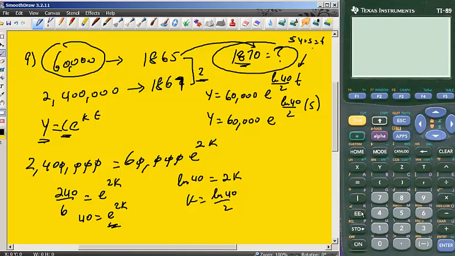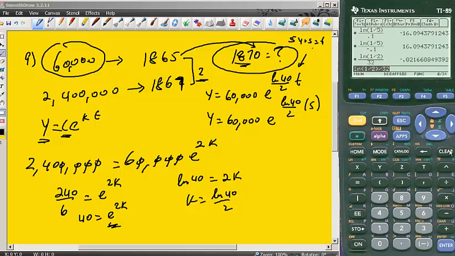All right, let's calculate that. The graphing calculator is pretty easy. So let's punch in 60,000, then e, and then we'll raise that to ln of 40, and we're going to divide that by 2.